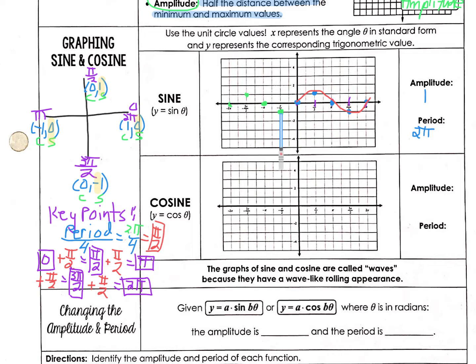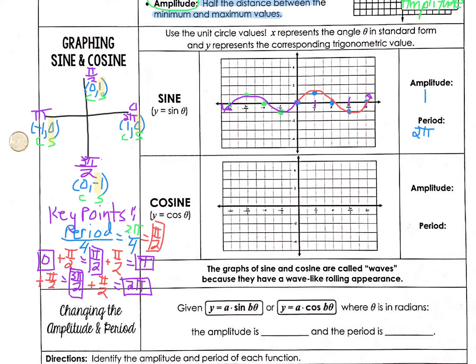So it goes 0, down, 0, up, down, and the next one, at 0, would be down. So I'm going to connect these with a purple line. And so that is a normal sine curve.